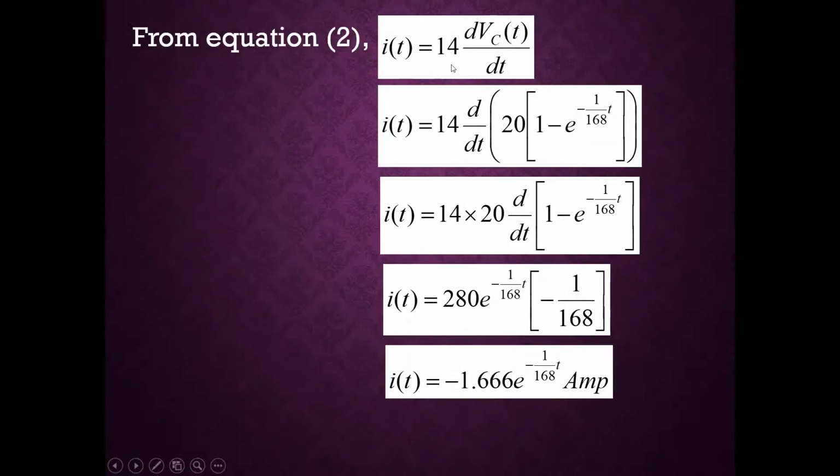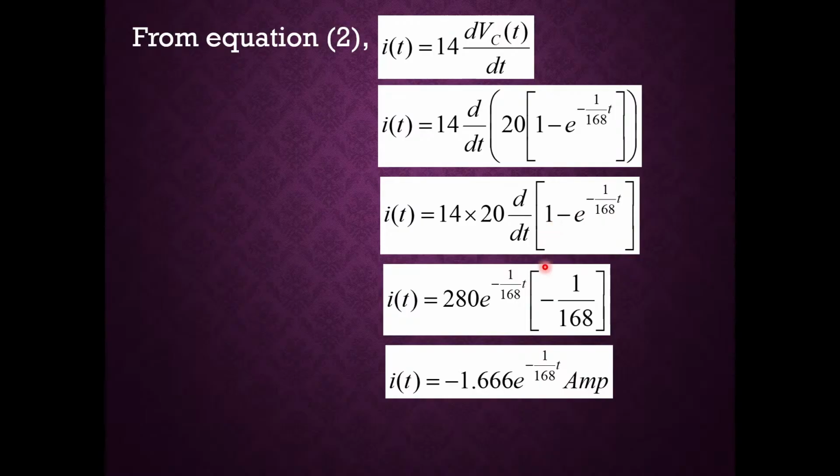Okay, now I of t is what? 14 d by dt of Vc of t. Substitute Vc of t. Vc of t is what? 20 into 1 minus e power minus 1 by 168t. So I of t equals 14 d by dt of 20 into 1 minus e power minus 1 by 168t. 20 is constant, so send it outside.